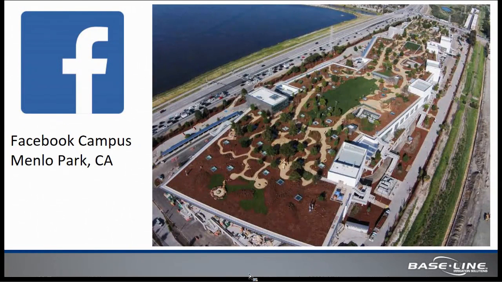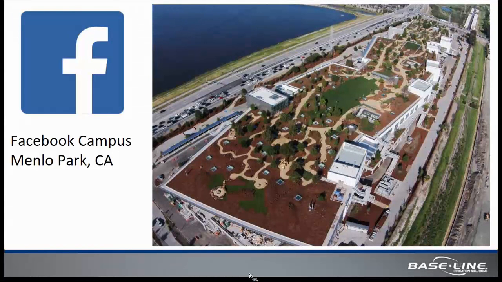So if we look at a specific application, one that Baseline has been involved with for quite a while, and we're very proud to be involved with, is a very extensive green roof on the Facebook campus in Menlo Park, California. This is a 9-acre green roof that sits atop the corporate office and was designed with the intention to draw the employees up out of the office environment and give them a natural setting to work in and meet in during the workday.